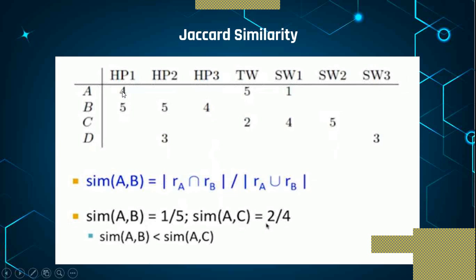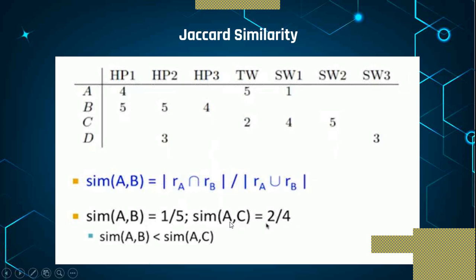They are common for the movie Harry Potter 1, because both give a rating for Harry Potter 1: user A gives rating 4 and user B gives 5. That's why it is 1 divided by 5.